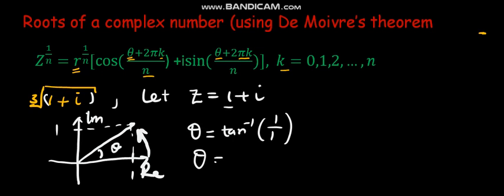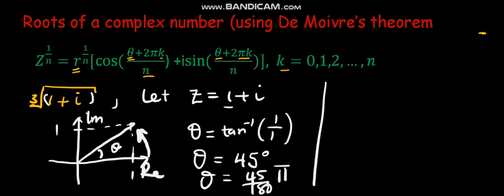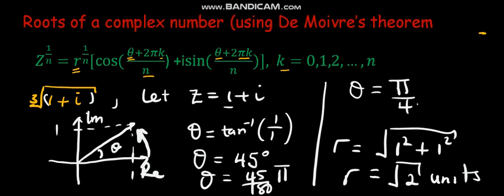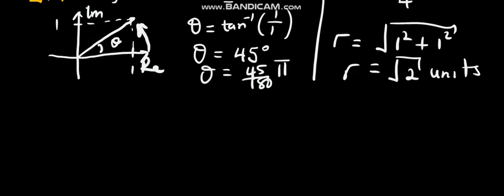Therefore theta is equal to 45 degrees, so theta is 45 over 180 times pi, which is pi over 4, and r is equal to the square root of 1 squared plus 1 squared. So r is equal to root 2, in units. Now we need to find the cube root.